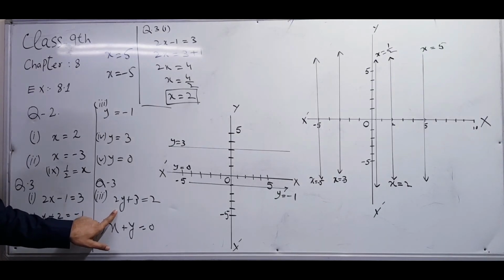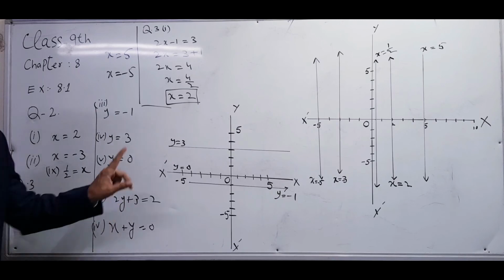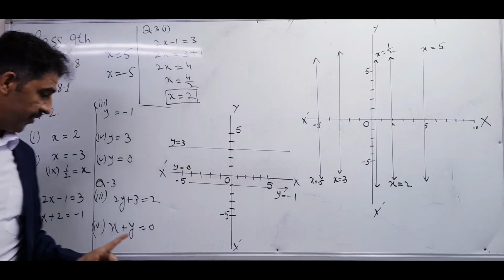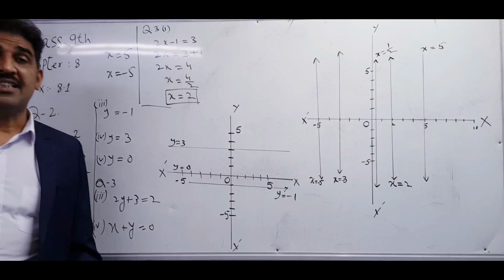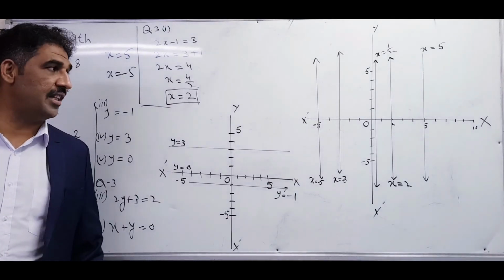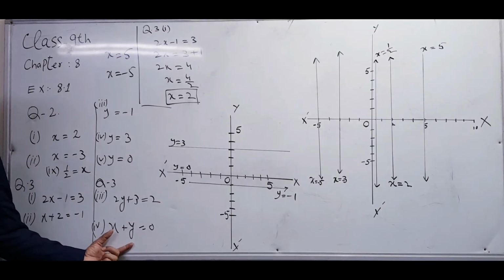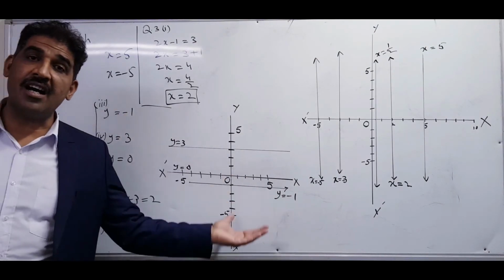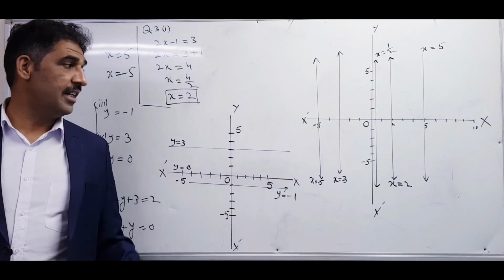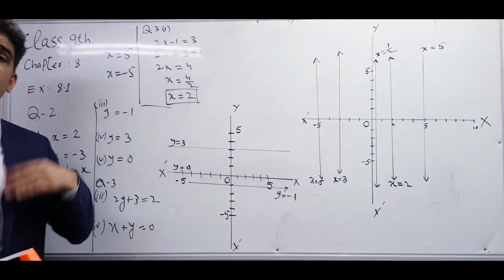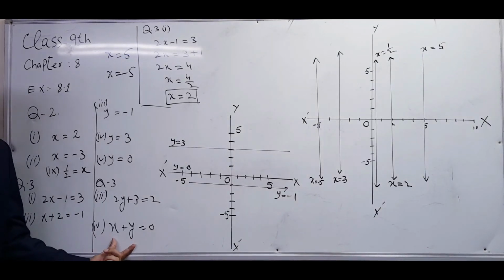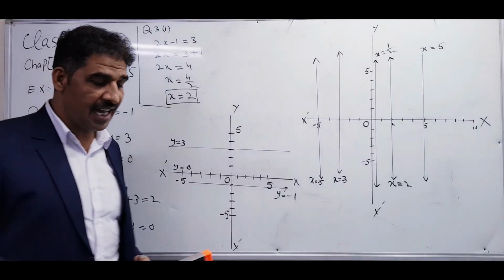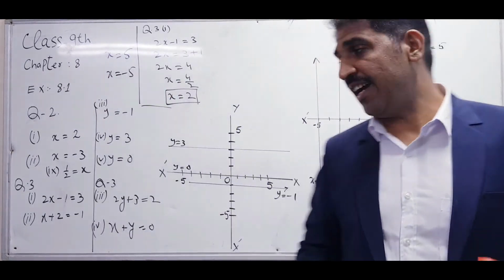So when only the y variable is involved, the line is parallel to the x-axis. But when both x and y variables are involved, that is a separate method to solve, because the line is neither parallel to the x-axis nor to the y-axis. Meaning the line will be parallel neither to the x-axis nor to the y-axis. Whenever both variables, x and y, arise, the line is not parallel to the x-axis or the y-axis.